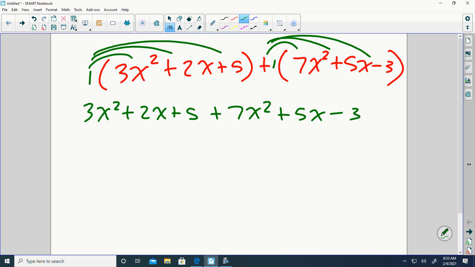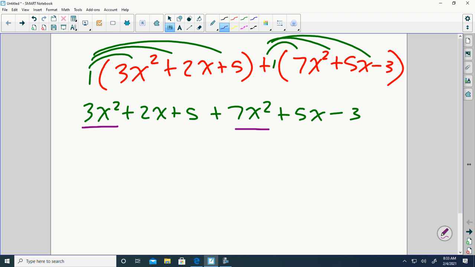So now we want to start combining like terms together. And a like term is the same letter, and that letter has to be raised to the same exponent. So let's just do this. I have 3x squared and I have 7x squared. They're both x squared terms. Agreed?